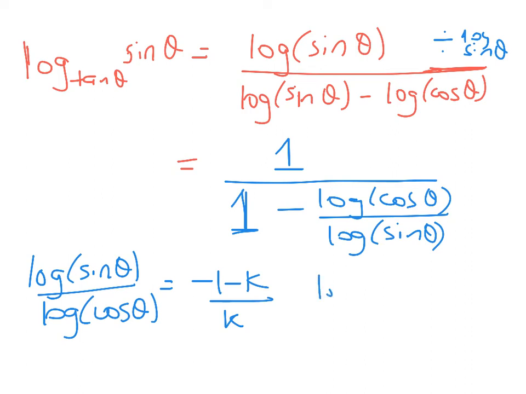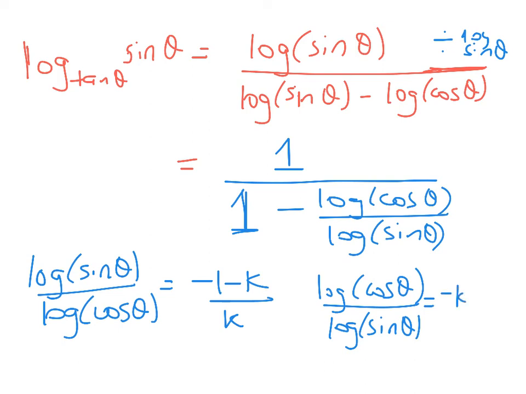So the log of cos theta over the log of sine theta is equal to, let's be careful here, -k over 1 plus k. Alright, now I could have gone back to this expression and written it like that. Okay, so what I'm doing here is I'm just taking the reciprocal of both sides.